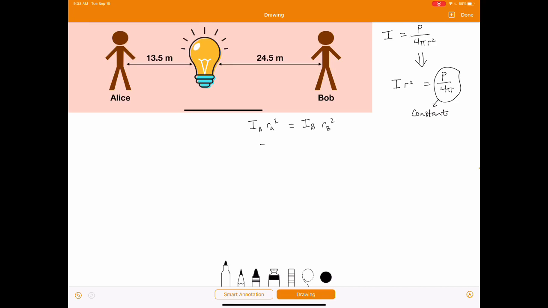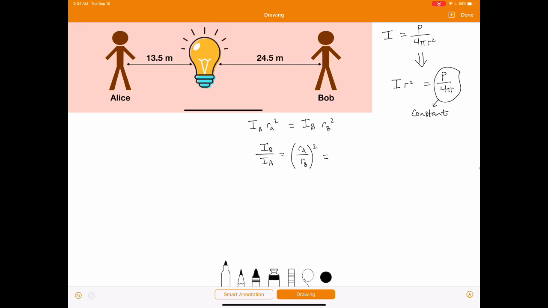Okay, what we want here, if you recall, is the ratio of the intensities. So the intensity for Bob divided by the intensity for Alice. Well, that should just be r_A squared divided by r_B squared. Okay?